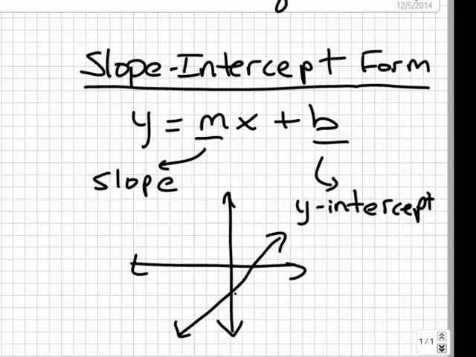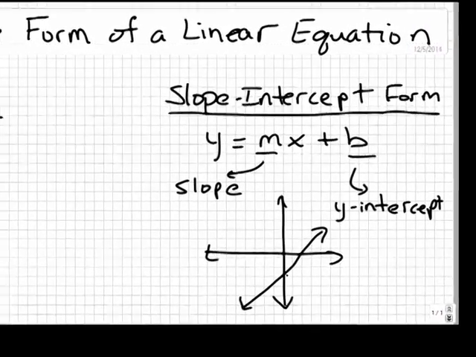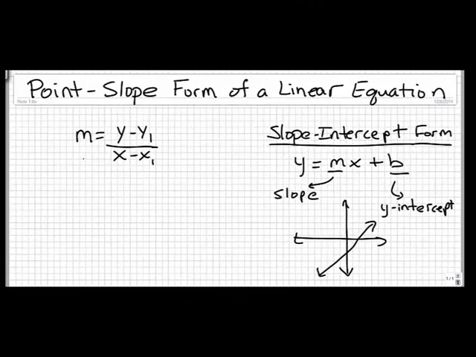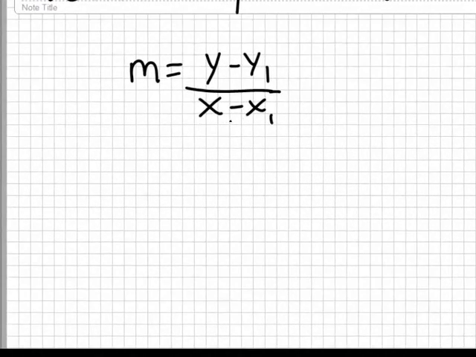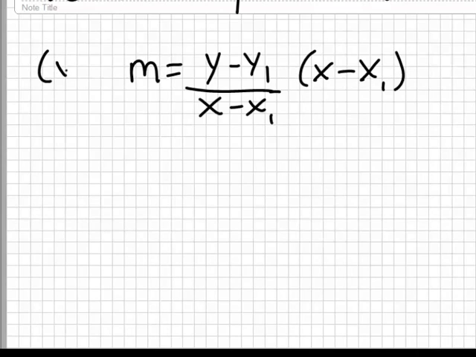I'm going to show you real quickly where it comes from. If you look at the slope formula, m equals y minus y1 over x minus x1. If you plug in two y coordinates and two x coordinates, you can find the slope. So what happens if I just multiply both sides by x minus x1?